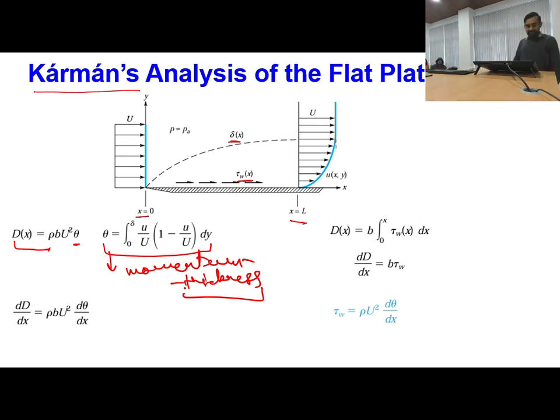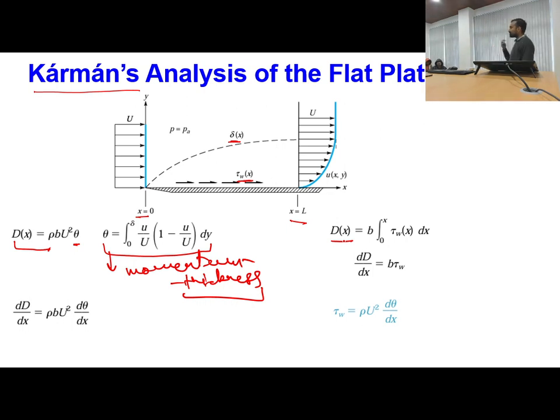So it means that I can write my drag force as rho b u square times theta. Now, drag force can also be written as, what is drag force? Drag force is nothing but the force which is acting parallel to the body, and parallel to the body we will be having certain stress that is causing this force.